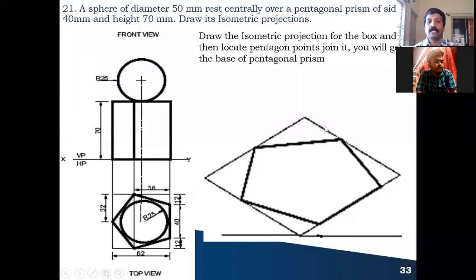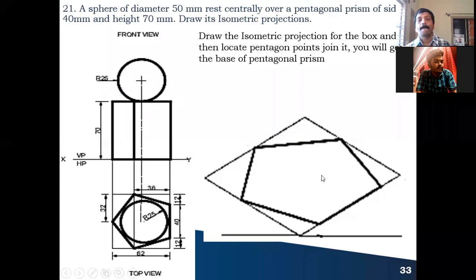Okay, so after this you identify the points in between this box, and construct the pentagon, the base. You know how to draw the pentagon, so you construct the corresponding points within this rectangle and join all the 5 points.